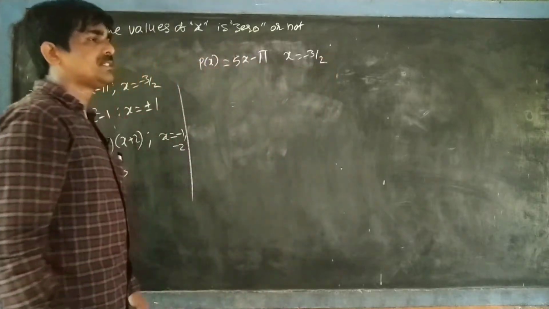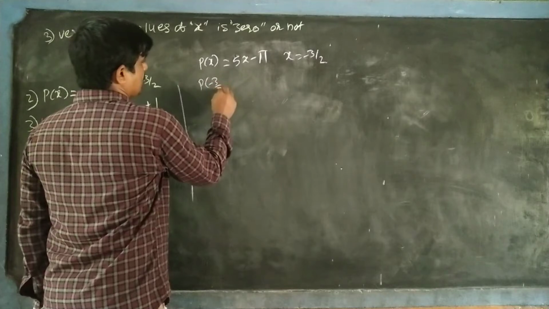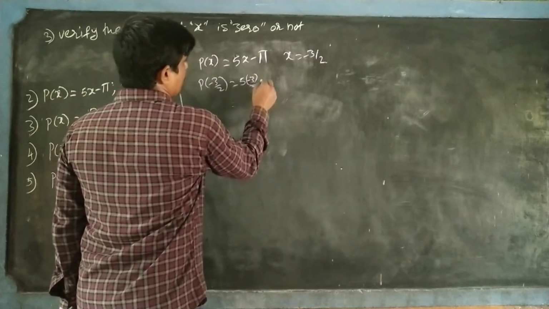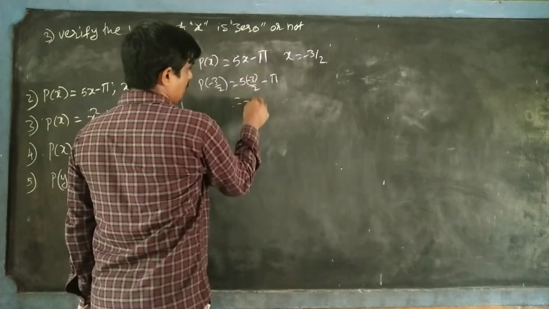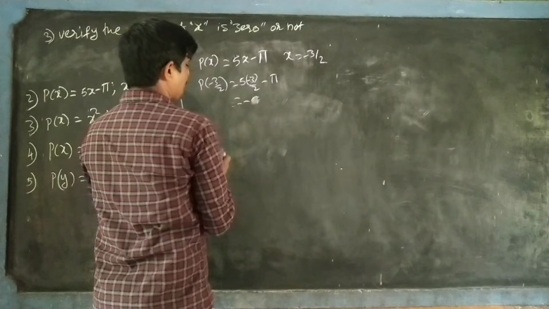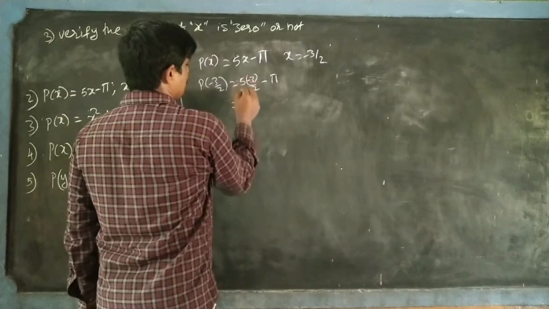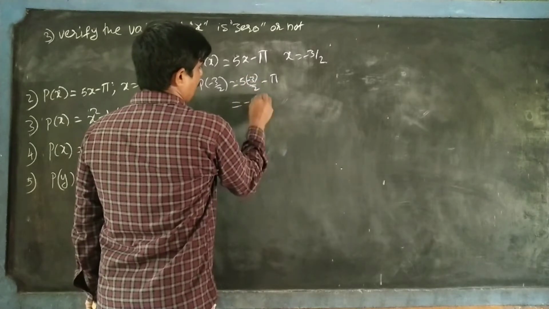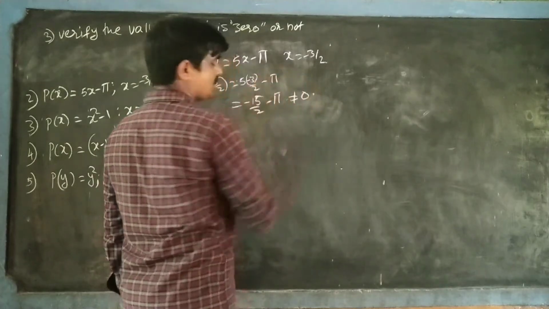Just substitute. So P of minus 3 by 2 is equal to 5 into minus 3 by 2 minus pi. That is equal to minus 3 5s are 15. Minus into minus, plus into minus is minus. 5 3s are 15 by 2 minus 5. This is not equal to 0.